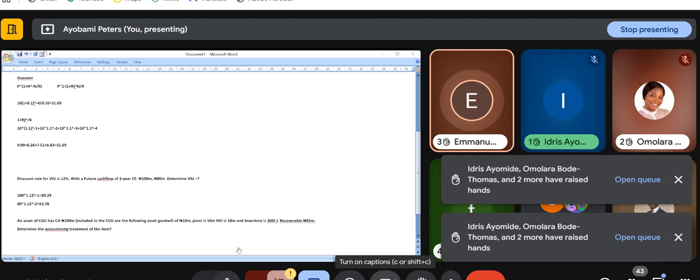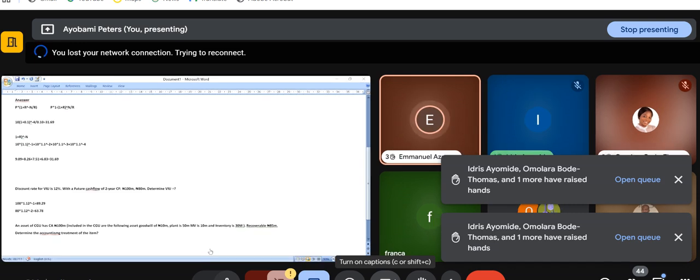Then the breakdown gave us that plant is 50 million, the motor vehicle is 10 million, while inventory is 30 million. And you told us that impairment is not applicable to inventory. So out of the 100 million, we have to remove 10 million from it.